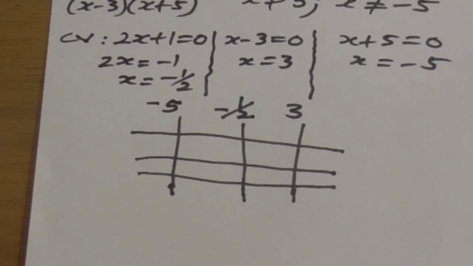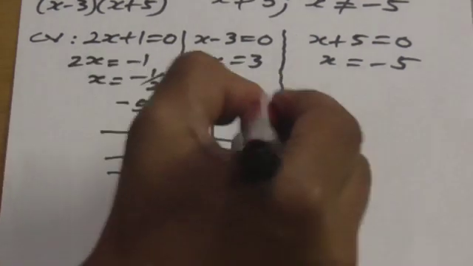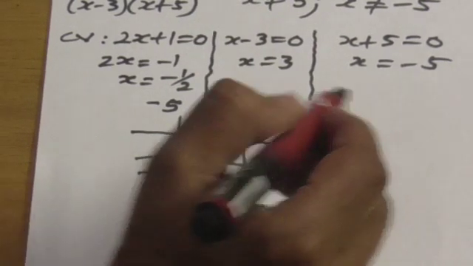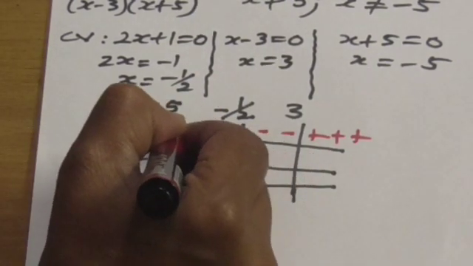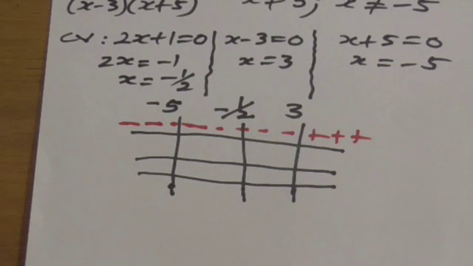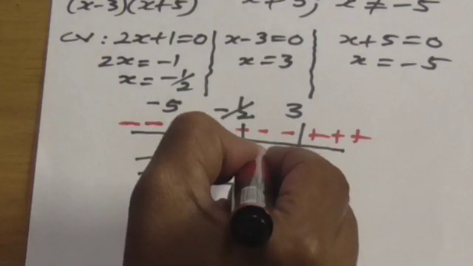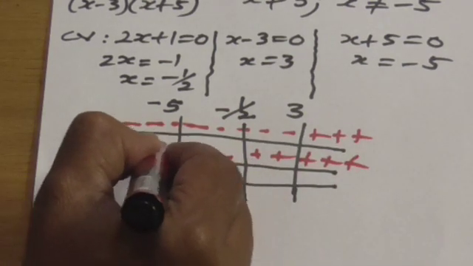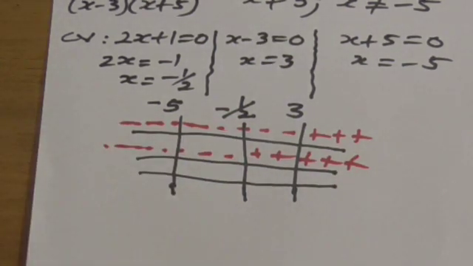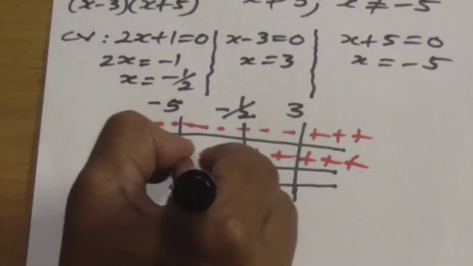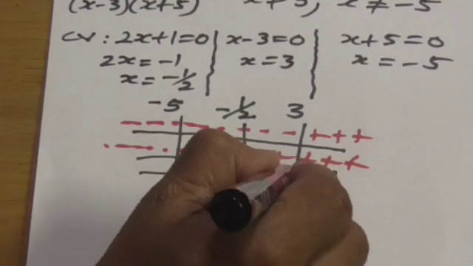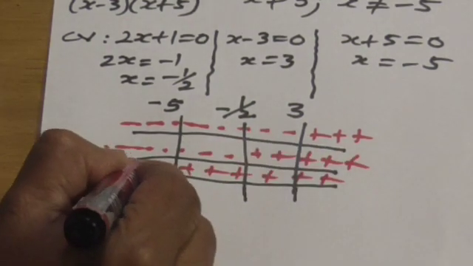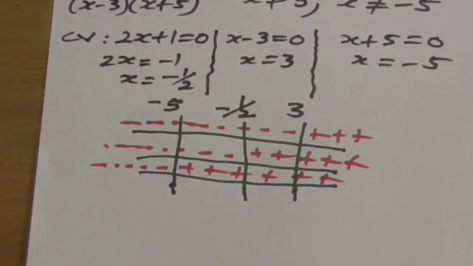That is how they appear on the number line. And then according to the pattern, on the right hand side of 3 will be positives, on the left hand side will be negatives. Then we look at half. On the right hand side of half will be positives, on the left hand side will be negatives. And then we look at negative 5. On the right hand side of negative 5 by pattern, that will be plus, that will be minus.